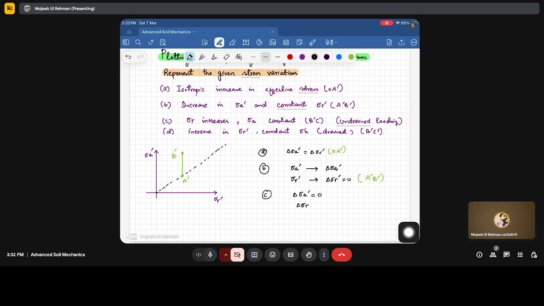Now we are increasing the delta sigma r. Since it's an undrained condition, whatever the increase in delta sigma r, it will reflect in the delta sigma a also. So how will it go? This will be an undrained loading.